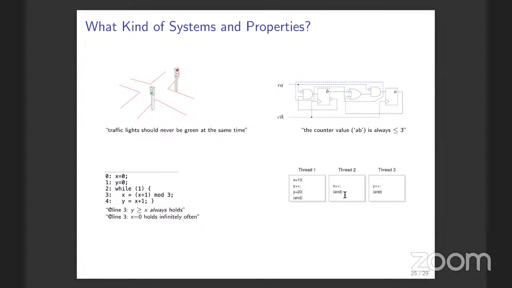I'm going to answer the question. So you're right, this is a situation where there is what is called a data race, because you don't know what the outcome is.